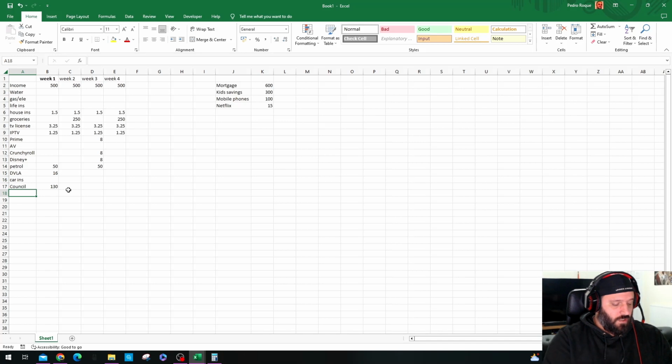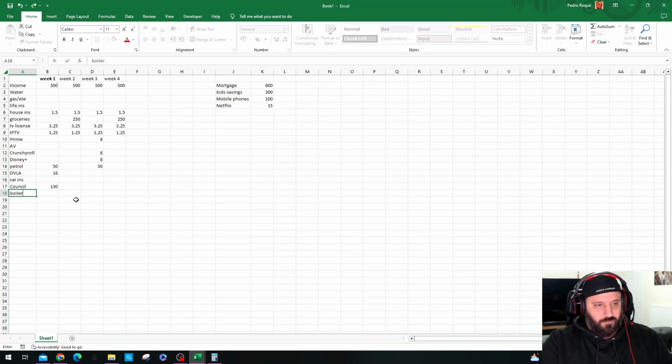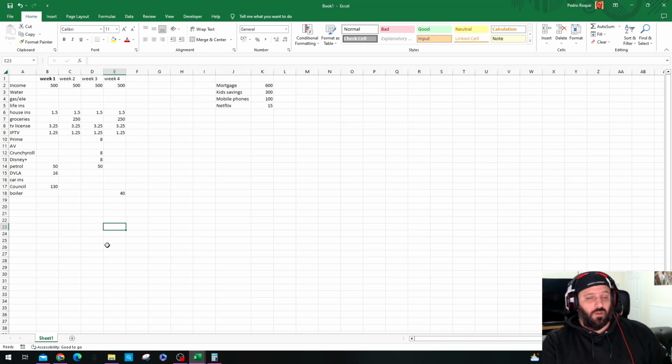Oh, I also got boiler. This was a deal I've done with a company that they installed me a new boiler, and it's fully covered for 10 years, and I would pay £40 a month for the boiler during those 10 years. So no expenses on my side, and I would pay these £40 a month for 10 years.